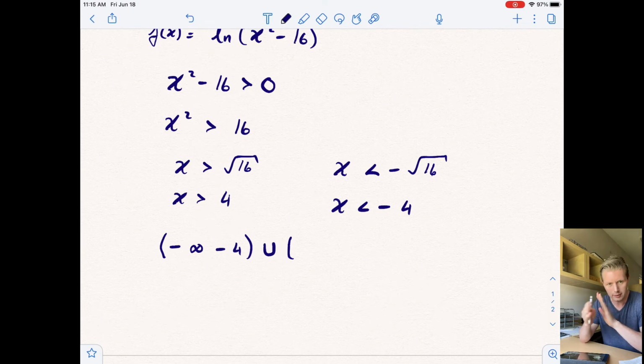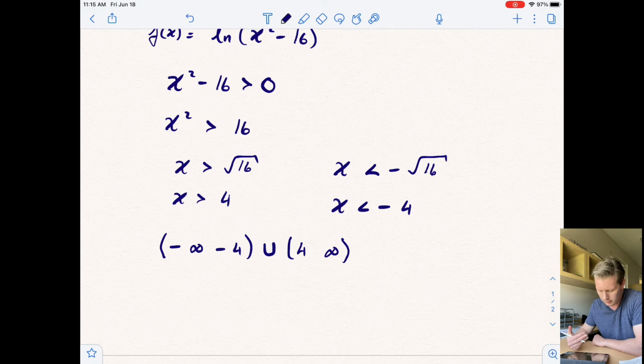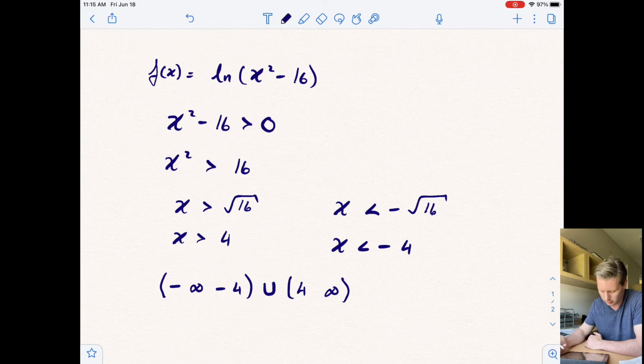Any values of x in there are out. But I can use greater than 4, so 4 to infinity. So negative infinity to negative 4, union 4 to infinity. Those are the values of x that define this particular function.